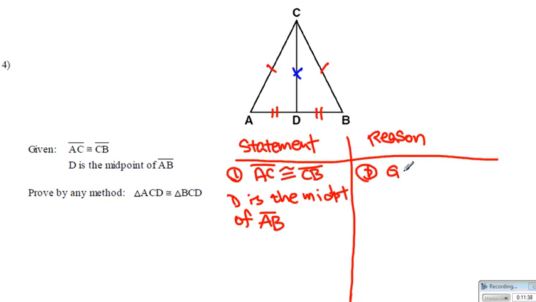And then the reasoning will be given. Now, number 2. Since D is the midpoint, one thing we get to realize is AD must be congruent to BD.